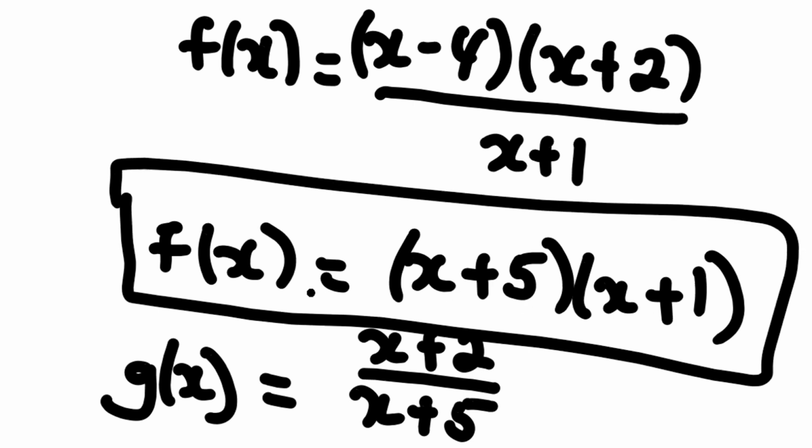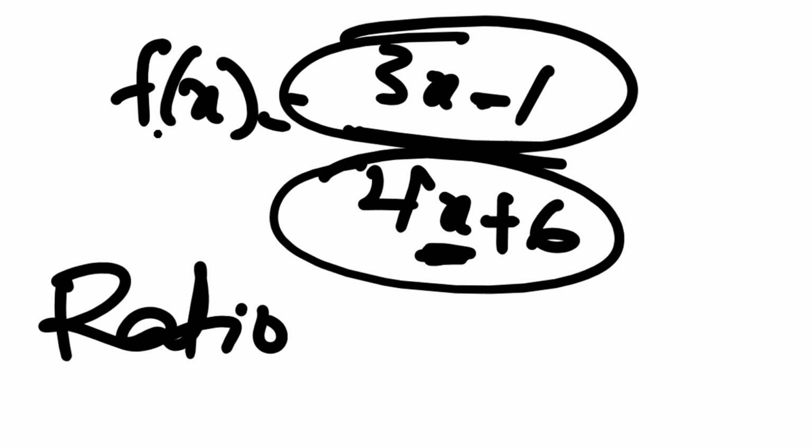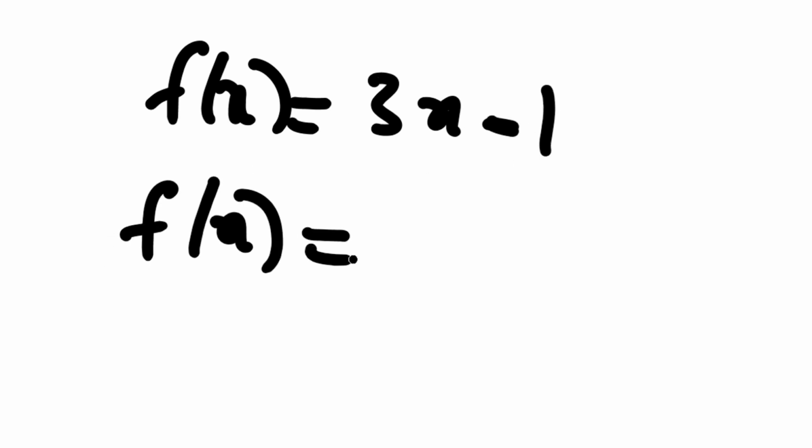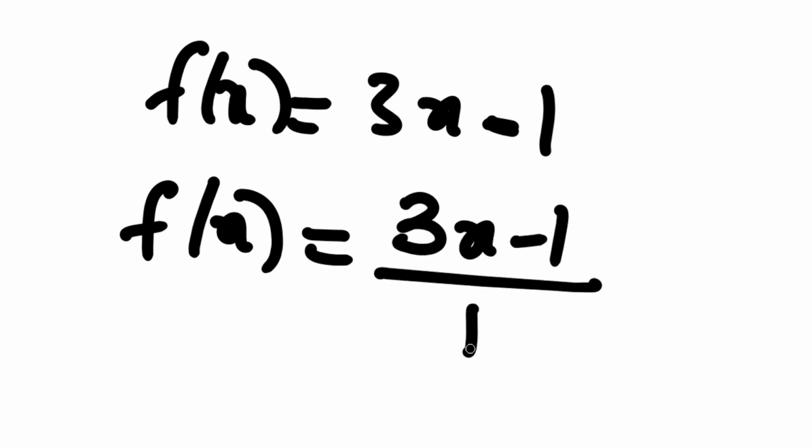But if you look at this one, the denominator here is 1. If you have a function like f of x is equal to 3x minus 1, everything like that can also be written as 3x minus 1 over 1. There's always a denominator called 1.